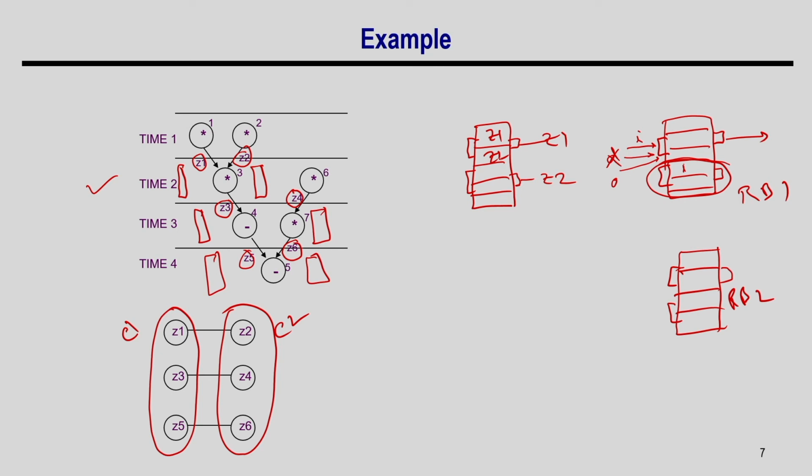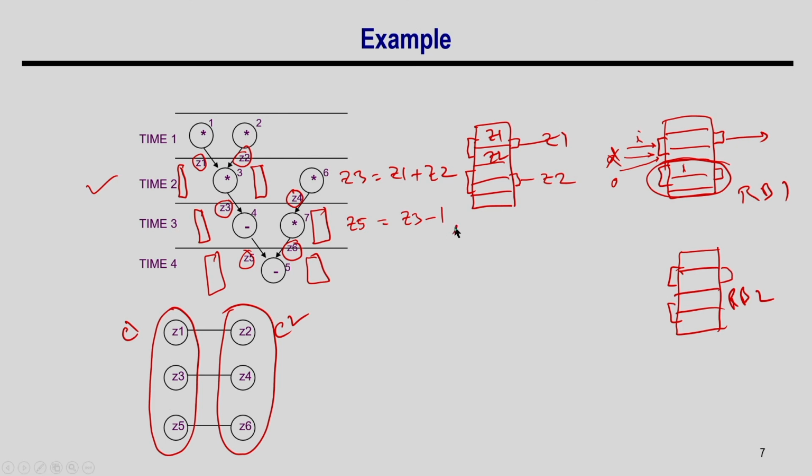Why? Because in this time step, what operation am I doing? Z3 equal to Z1 plus Z2. In this time step, I am doing Z5 equal to Z3, some operation, say minus a constant, right.